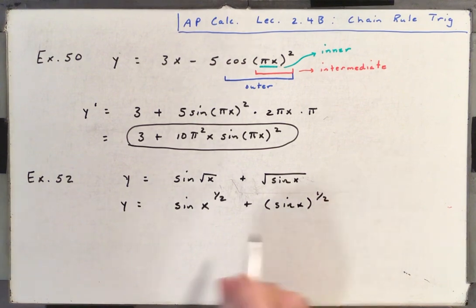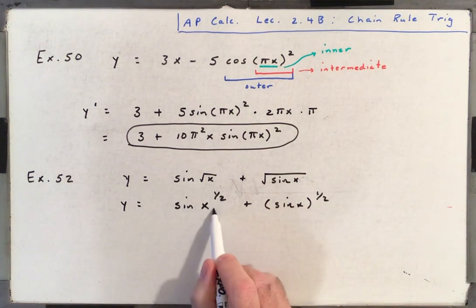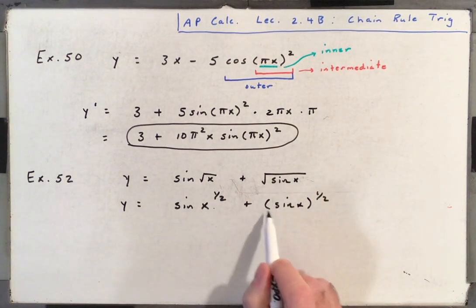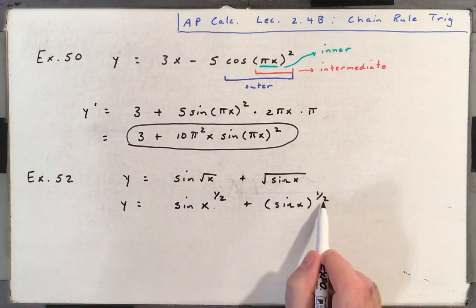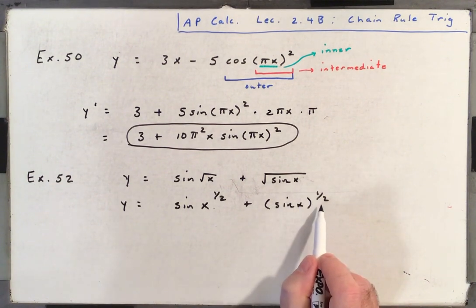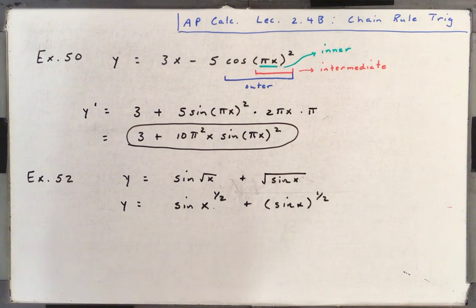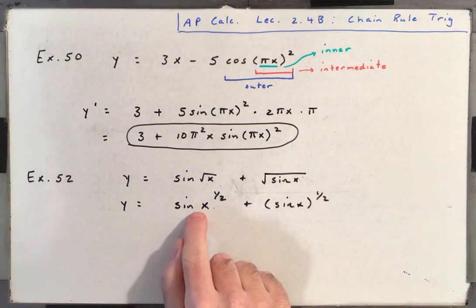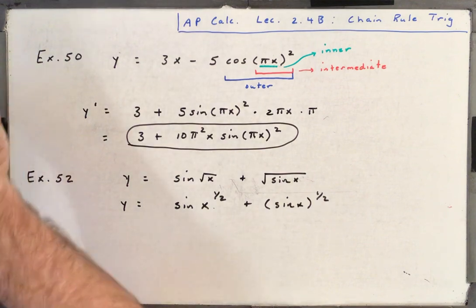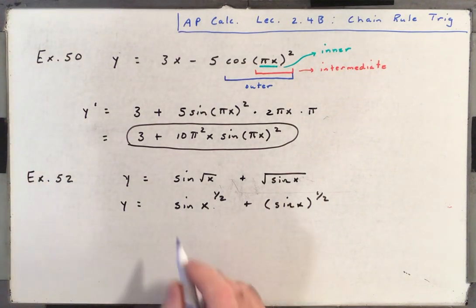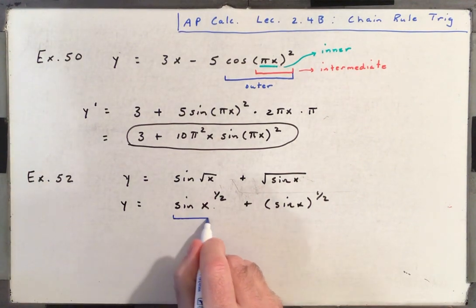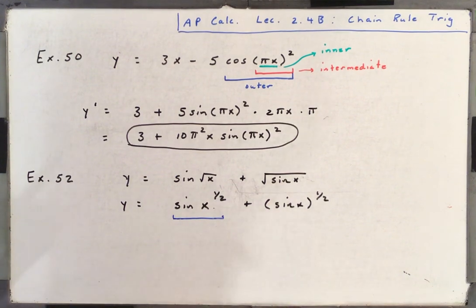In this case, so this is different. The angle is to the 1/2. And here the entire expression's to the 1/2 power. Okay, so that makes it a 2-layer onion, but not a 3-layer because there's not something in front of the x. Okay, so we have the outermost in blue, the whole thing, and then we have an inner in red.